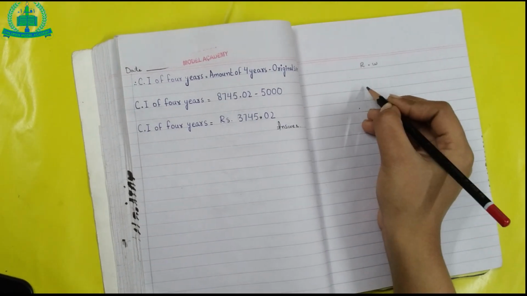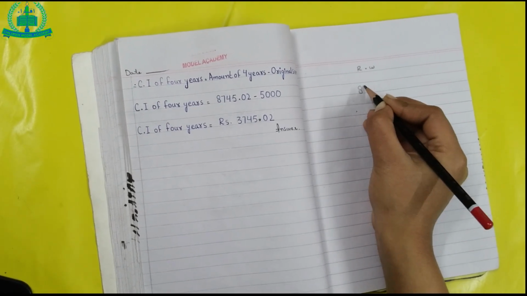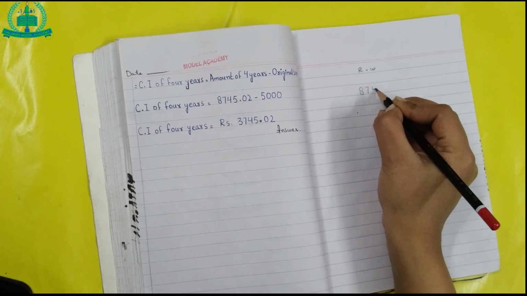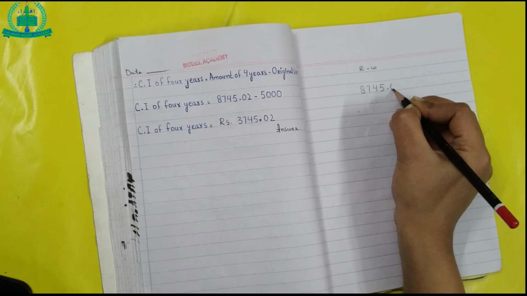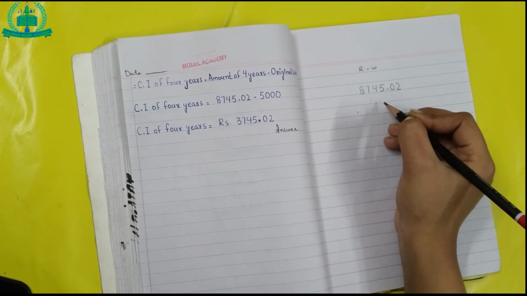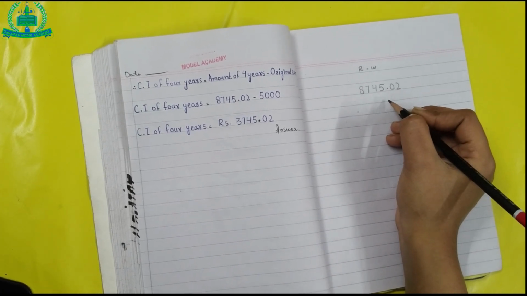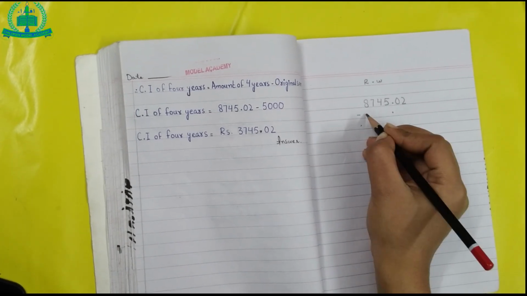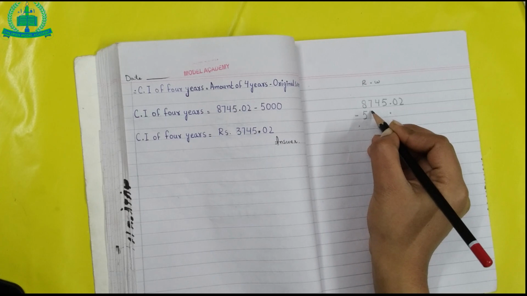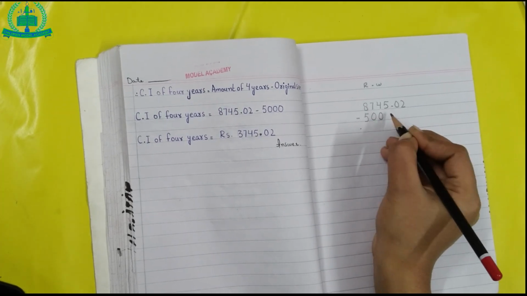Rough work. 8745.02. When we do addition and subtraction, we make sure that we write decimal under the decimal. Minus 5000.